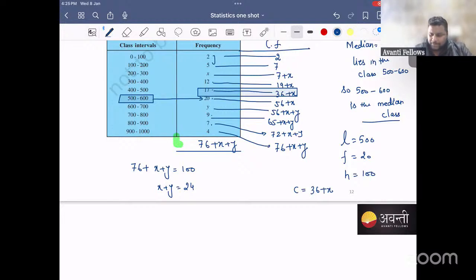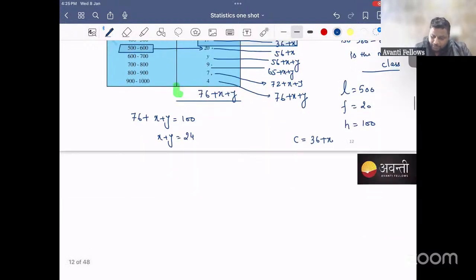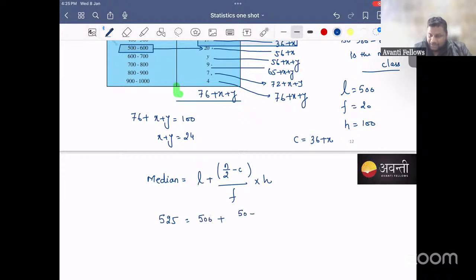Am I clear? Now we will apply the formula. Median is equal to L plus (N by 2 minus C) upon F into H. So that means 525 is equal to 500 plus (50 minus 36 minus x) upon F. F is 20, into H, which is 100.